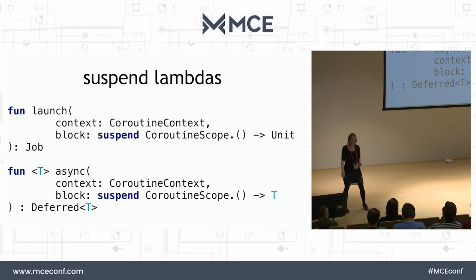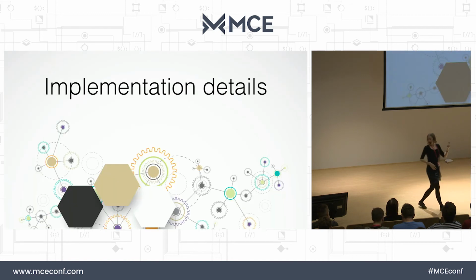In the implementation of launch and async, you can navigate to the declaration and see that in the end, they call some built-in primitives that actually suspend the computation. So some magic is hidden here, but for you, it's just a library function. And if you really want to provide a better API for your library, you can define something similar.